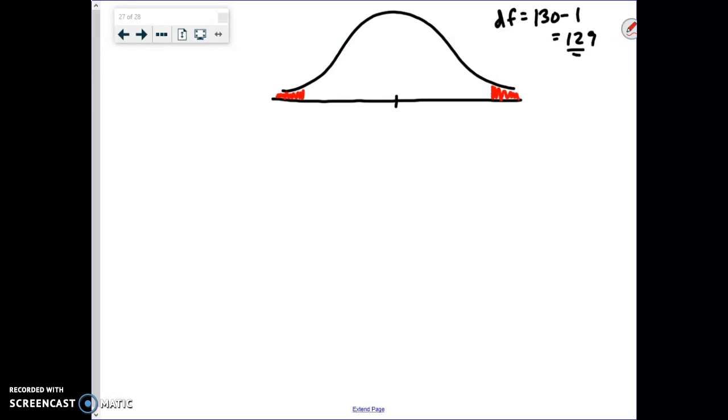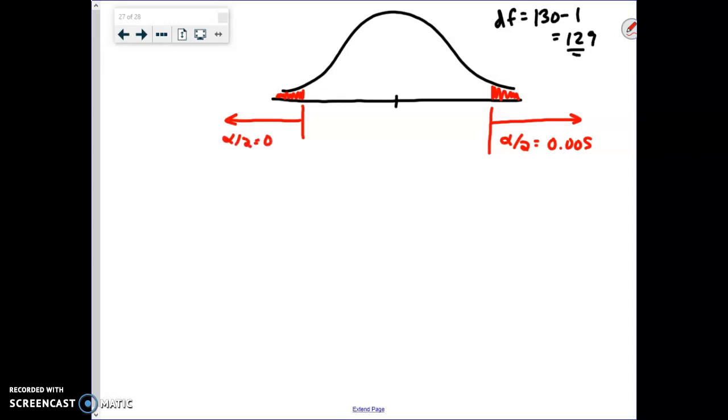Now, when you do this, ladies and gentlemen, we're actually breaking alpha up, that 0.01, and splitting it into two. So if you take 0.01 and divide it by 2, you get 0.005. About 5 thousandths in each tail.